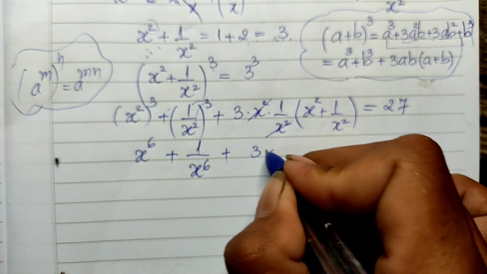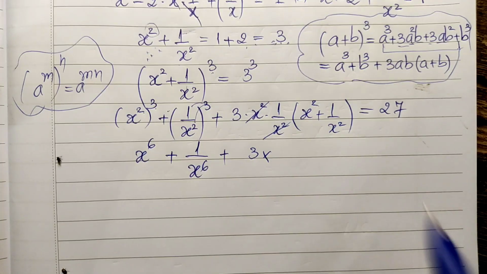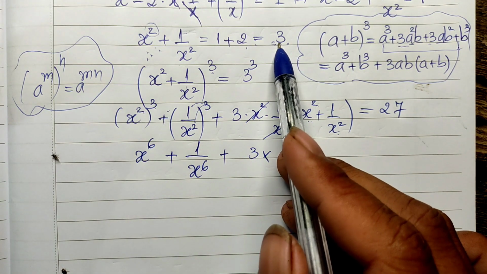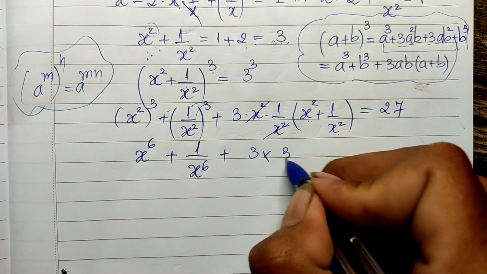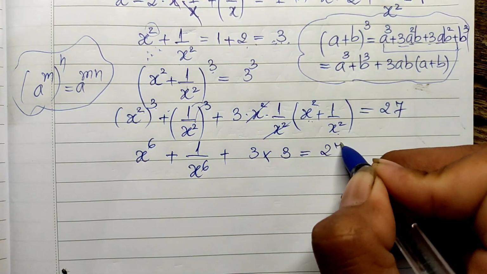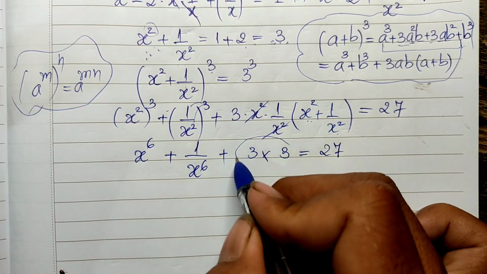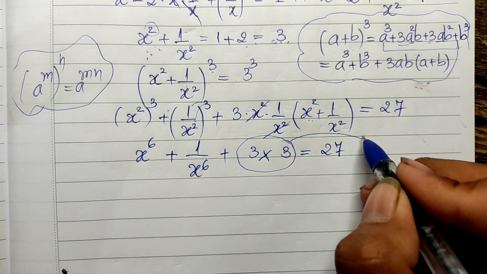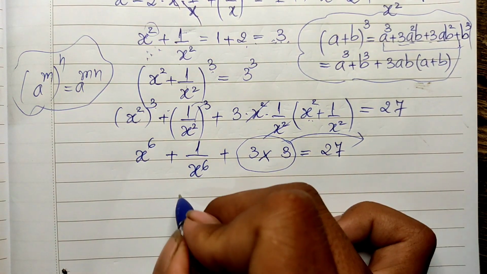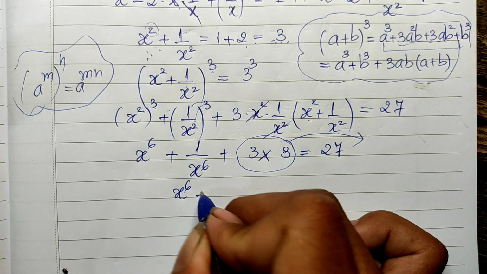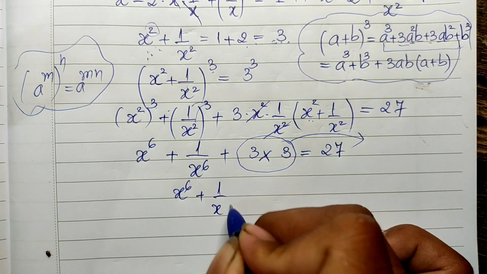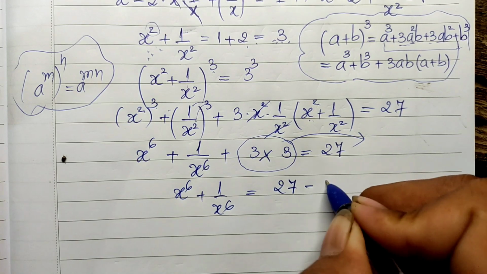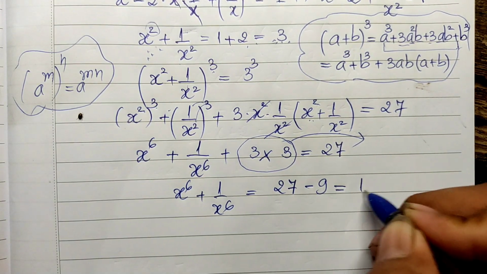So we get 3 times x squared plus 1 divided by x squared equals 3. So we replace this by 3, equals 27. So 3 times 3 we get 9, and I move it from the left hand side to the right hand side. So we get x to the power 6 plus 1 divided by x to the power 6 equals 27 minus 9, which equals 18.